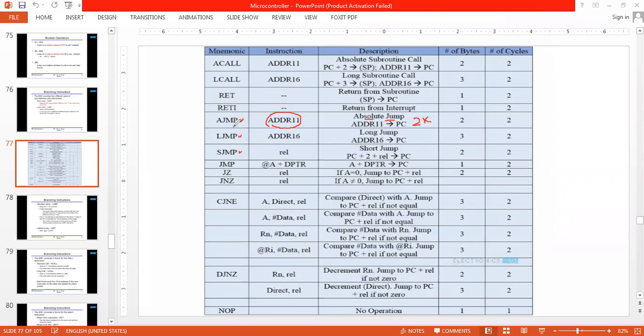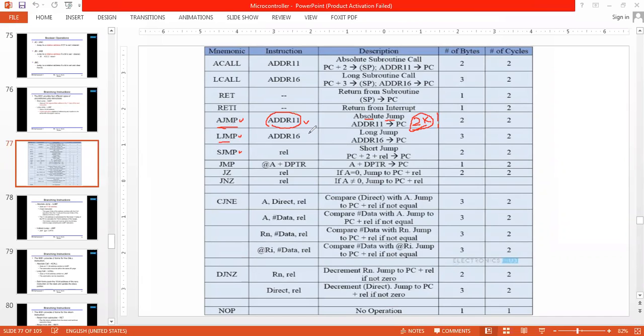So AJMP is utilized for the jump of a 2 kilobyte memory location. 1 kilobyte upper side, 1 kilobyte lower side, so a total of 2 kilobytes. That is given by AJMP.